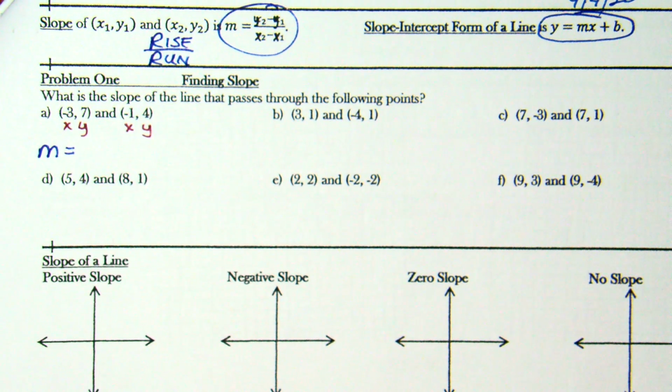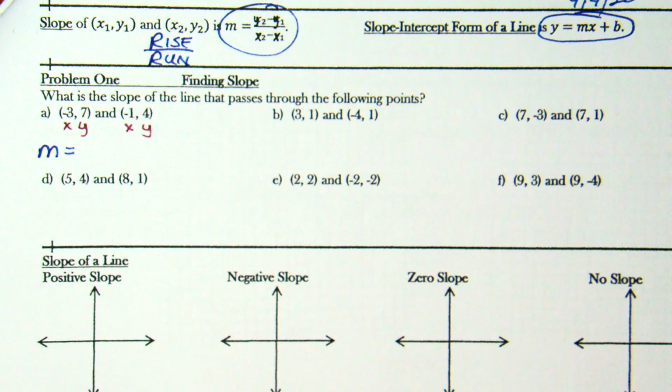Okay. Now technically she just said 7 minus 4, then changed it to 4 minus 7. Technically it doesn't matter. I don't know if you guys realize this or not, but you could use either or.